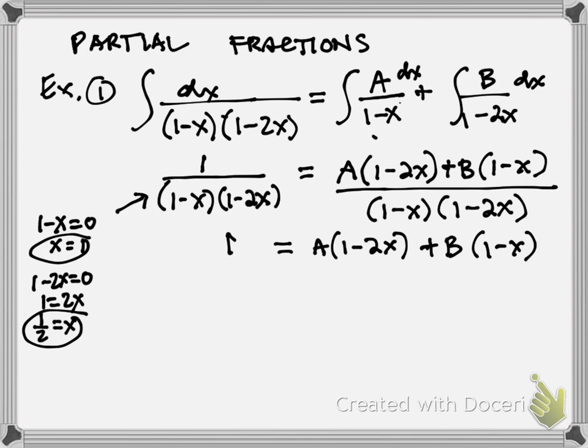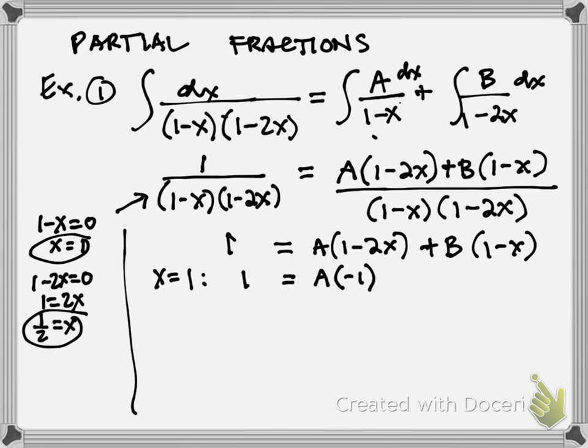So first, we use the first value, which is x equals 1. So when x equals 1, our equation becomes 1 equals, plugging in 1 here, I'm going to have 1 minus 2, which is negative 1, right?